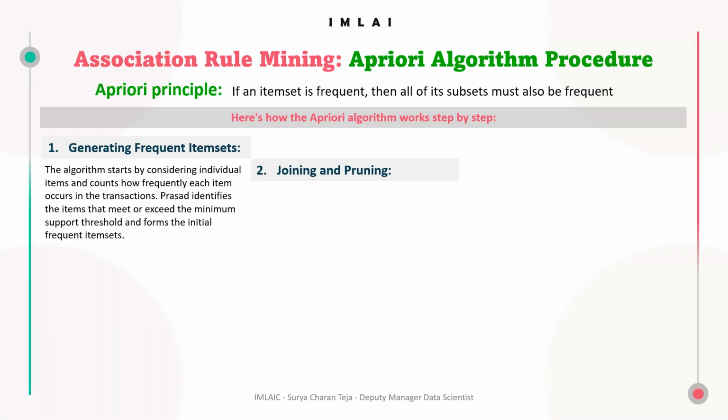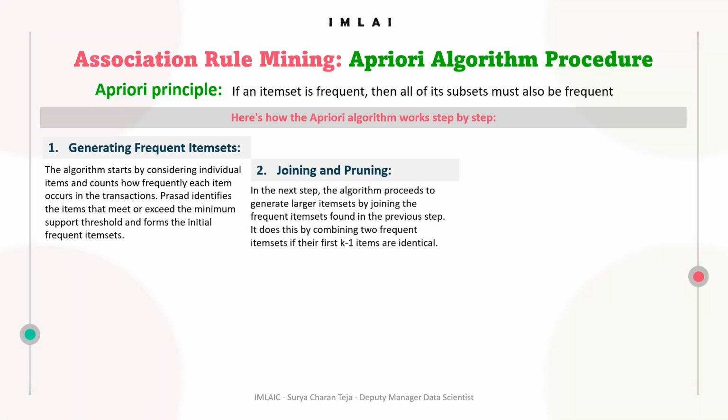Then step 2, which is joining and pruning. In the next step, the algorithm proceeds to generate larger item sets by joining the frequent item sets found in the previous step. It does this by combining two frequent item sets if their first K minus 1 items are identical.